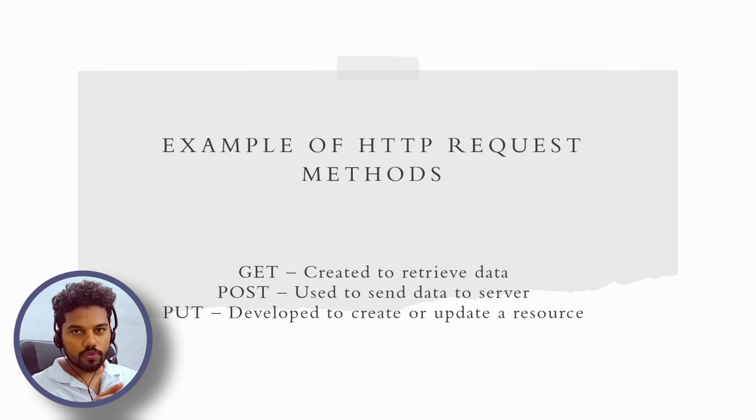GET is used to retrieve data, to get files over the internet. POST, as seen in the slide here, is used to send data to the server. It cannot be explicitly seen on the browser's tab, but that's on a different note. And PUT is to store maybe a file on the server.